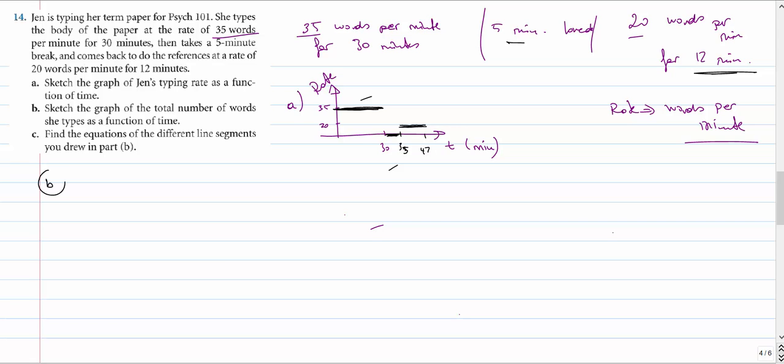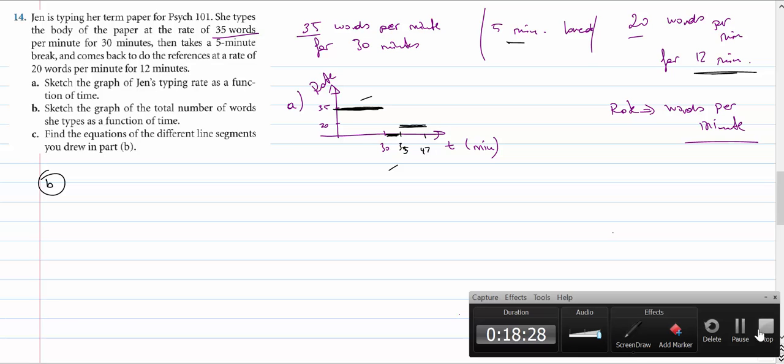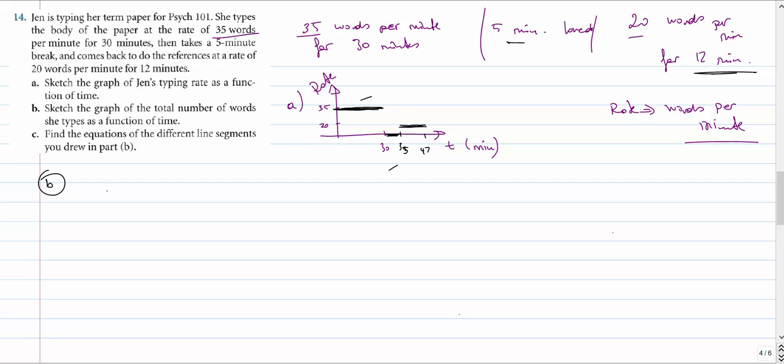B, sketch the graph of the total number of words she types as a function of time. So they're asking time in minutes as my independent variable, and the number of words is your y-axis.